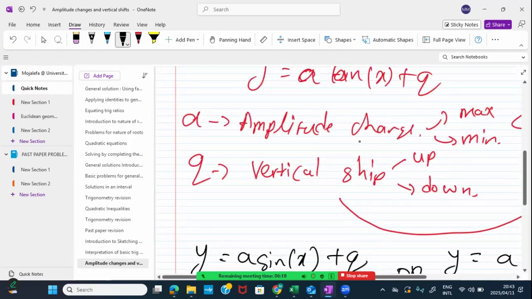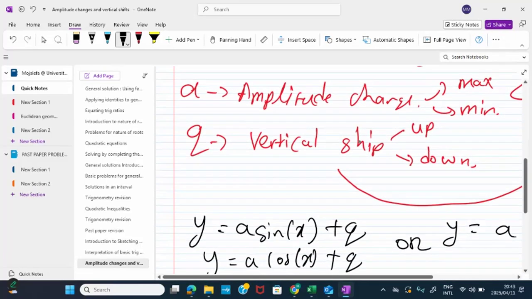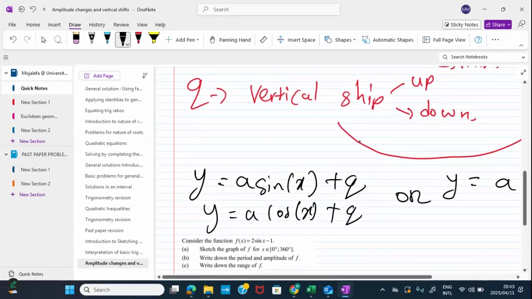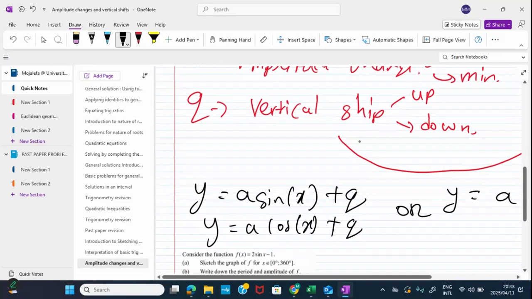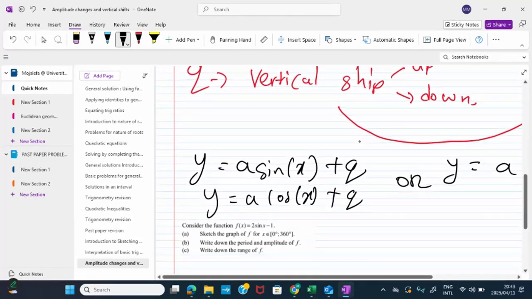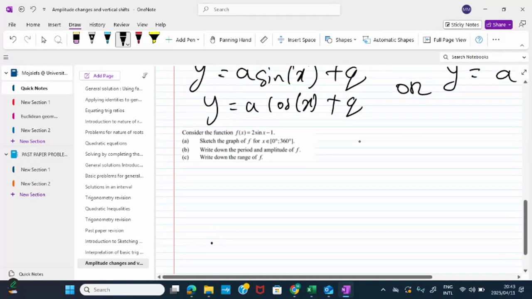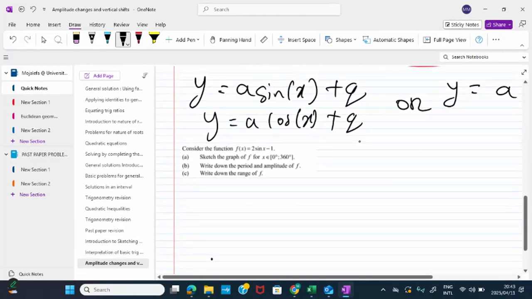Do you want me to teach you guys a shortcut of sketching graphs? Yes, sir, please. I'm gonna teach you how to sketch. Do you know how to sketch a graph using a calculator?